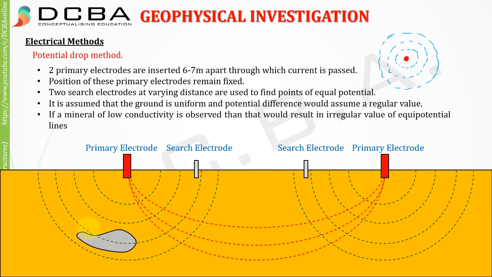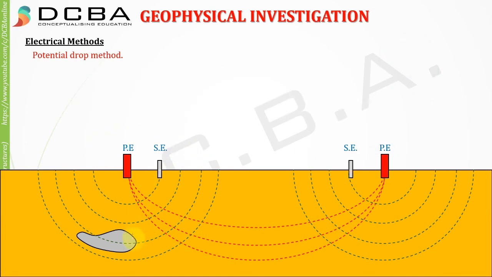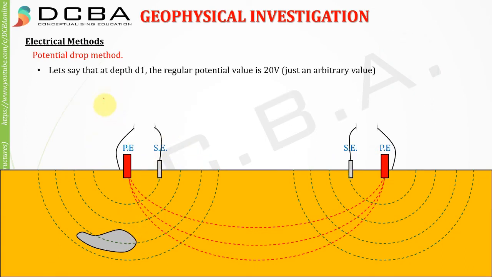But if there is a mineral of low conductivity or high conductivity, then the potential difference observed would be of irregular value. So what exactly we are doing is, let's say that at depth D1 the regular potential value is 20 volts. It's just an arbitrary value, nothing calculated, and from both the sides we will test, from this side as well as from this side.